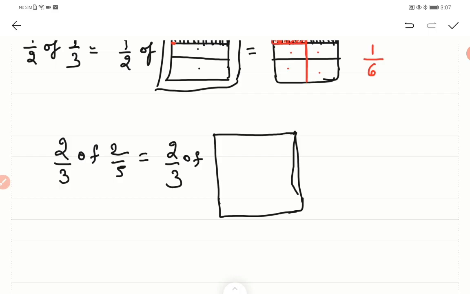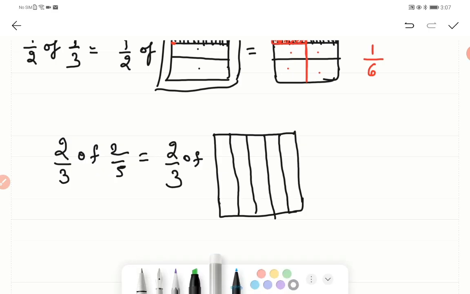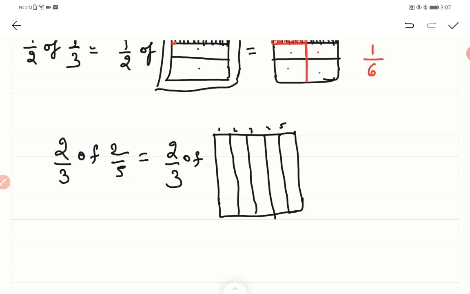I will take it in terms of columns like this: 1, 2, 3, 4, and 5, isn't it? In that, you have 2 regions shaded, right? 2 by 5, so 2 regions will be shaded. So I will shade this region, and also this region.